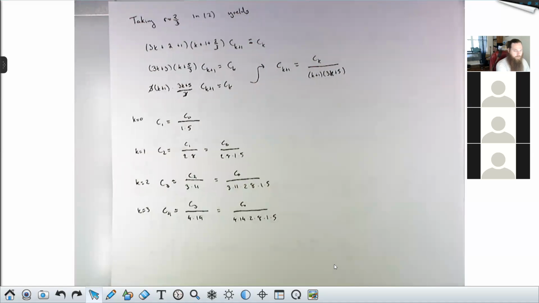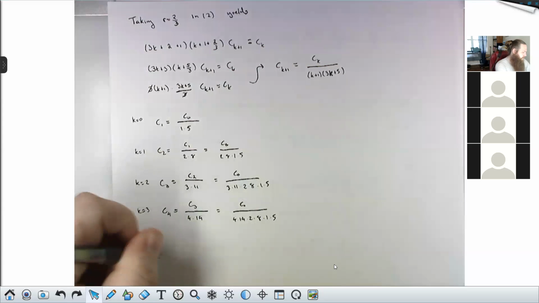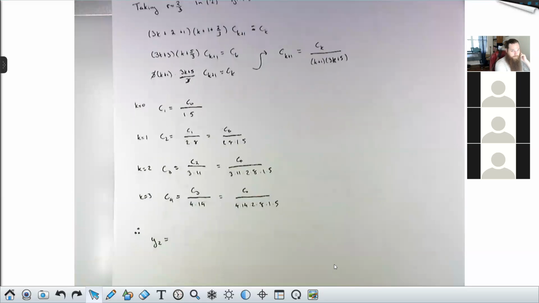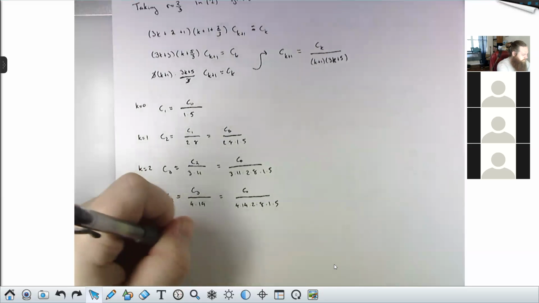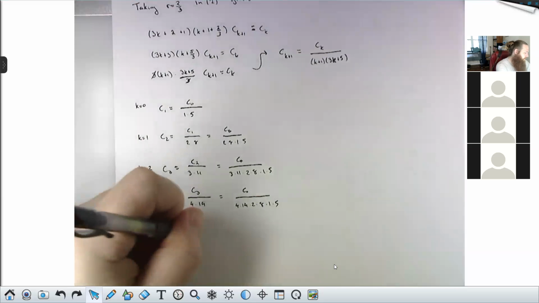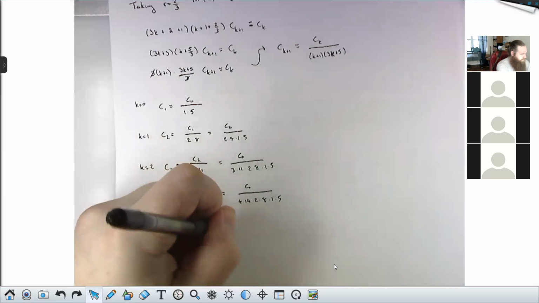So our second solution, y2, this one we have to be a little bit careful with. Remember, this is still the sum from n equals 0 to infinity of Cn x to the n plus r. But here r is not 0, r is 2/3.